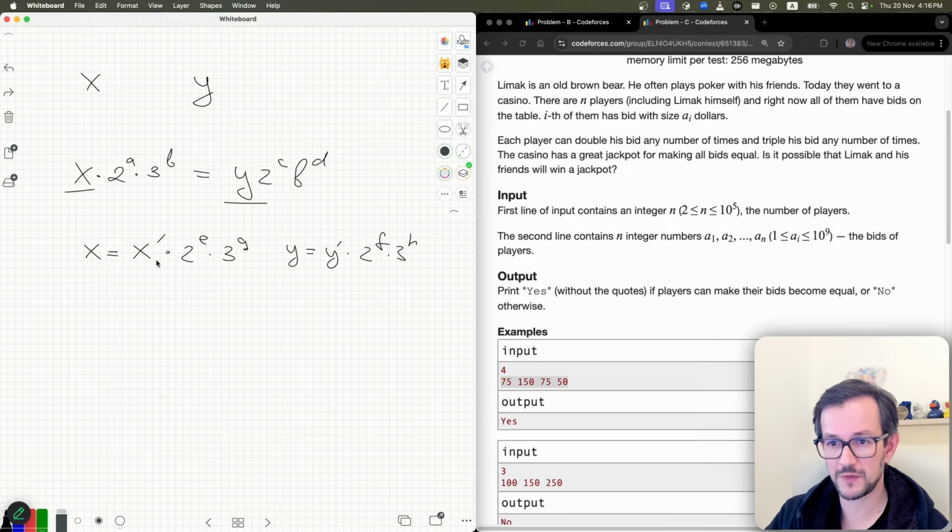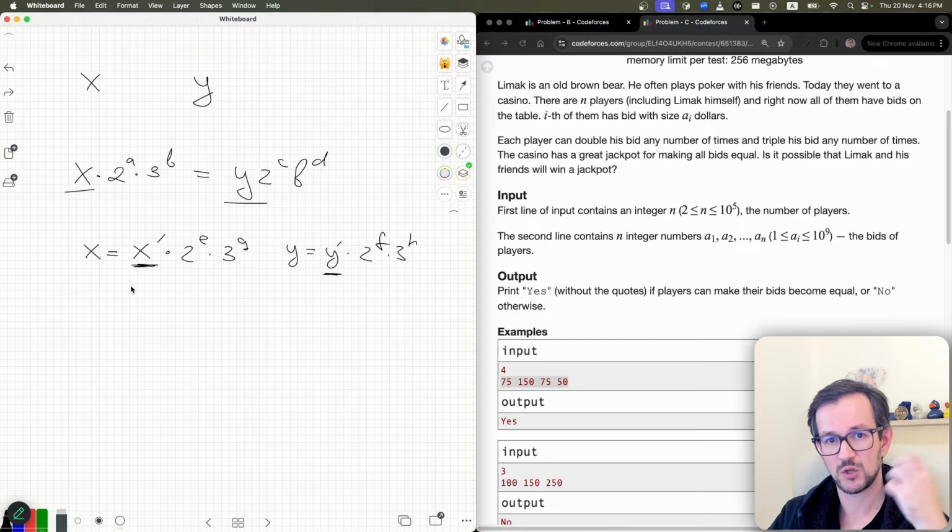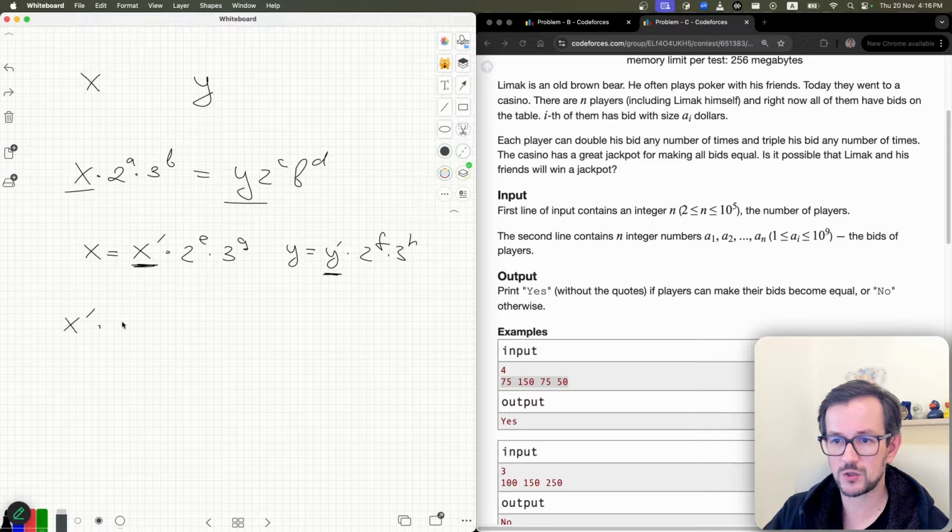Now, x prime and y prime are not divisible by 2 and 3, so we just extract all the divisors 2 and 3 from these numbers. If you rewrite this equation, you get x prime multiplied by 2 to the power a plus e and 3 to the power b plus g, equals y prime multiplied by 2 to the power c plus f and 3 to the power d plus h. I actually make life harder.